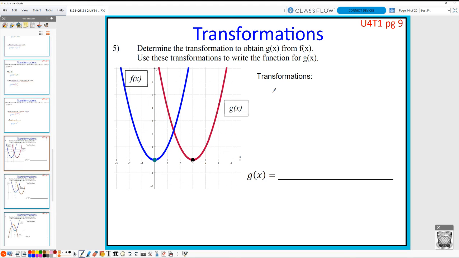So I have a horizontal translation, right 3. In terms of g of x, I know it's a quadratic, but they don't tell me what the actual equation is. This is going to be f of x plus 2, right? Outside, I'm sorry, horizontal translation, minus 2 inside the parentheses.